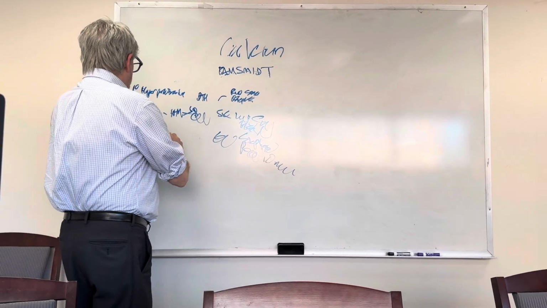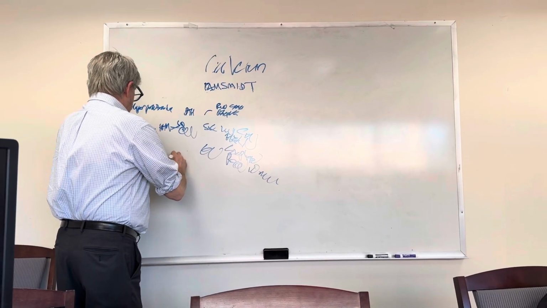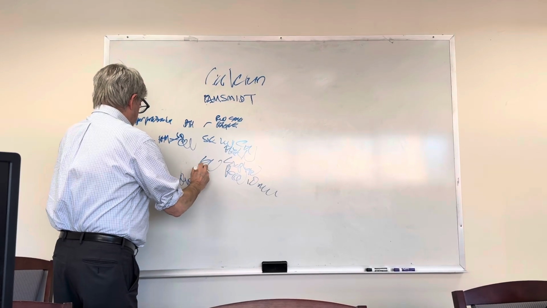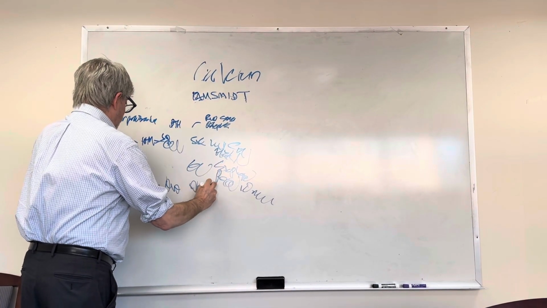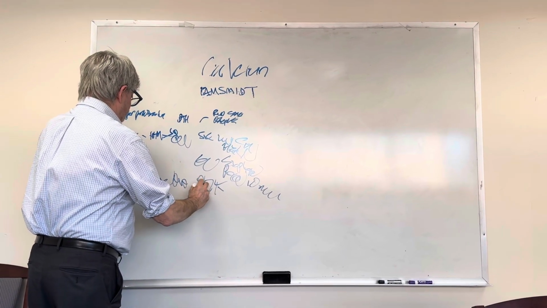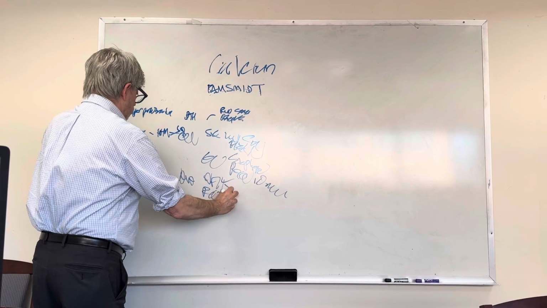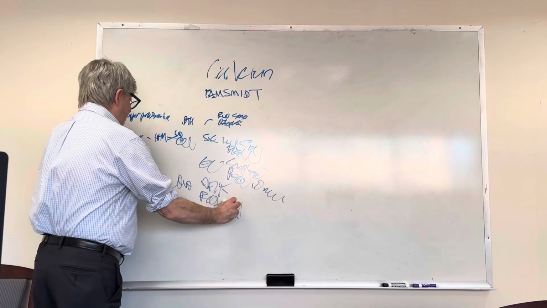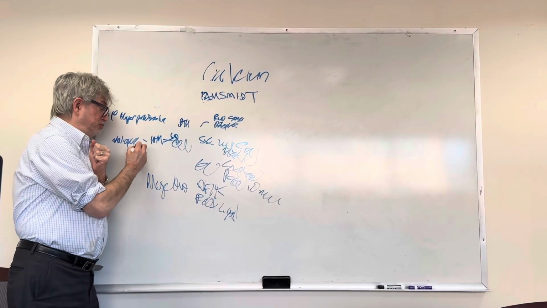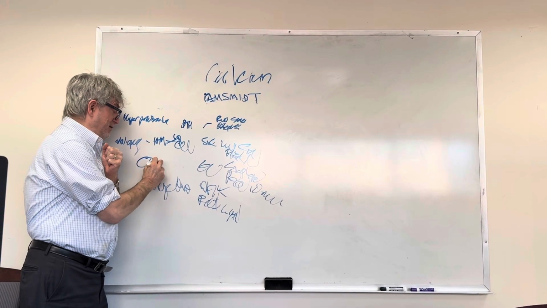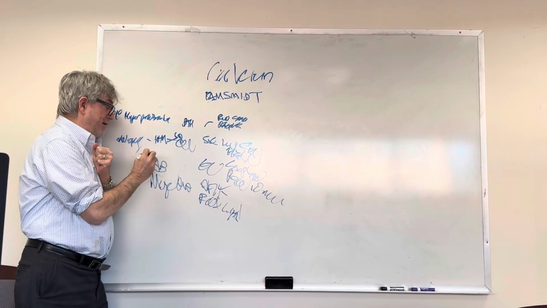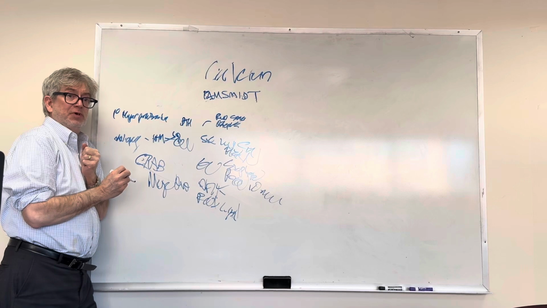Then multiple myeloma does it. We used to call this osteoclastic activating factor. It involves RANK ligand, and it causes mobilization of calcium from bone. And it's part of the defining myeloma criteria, CRAB, where the C is calcium.